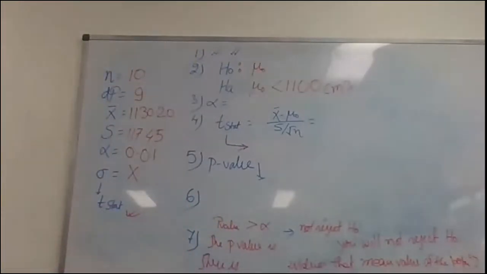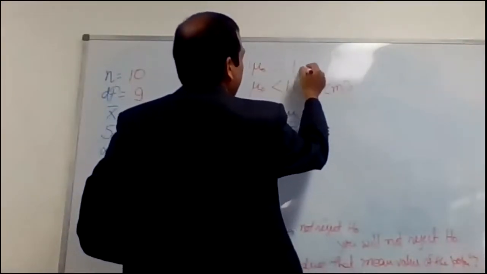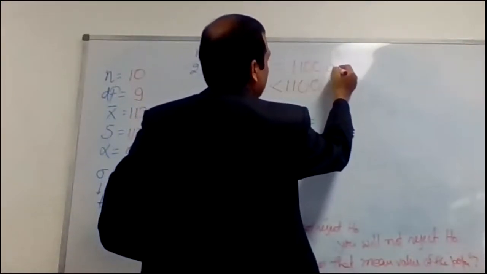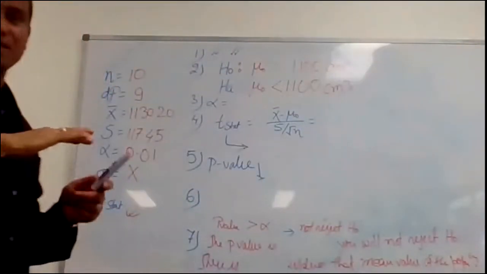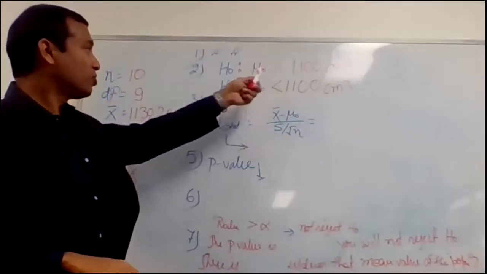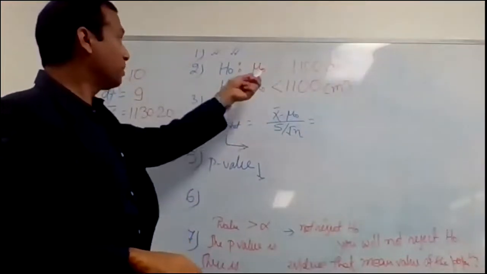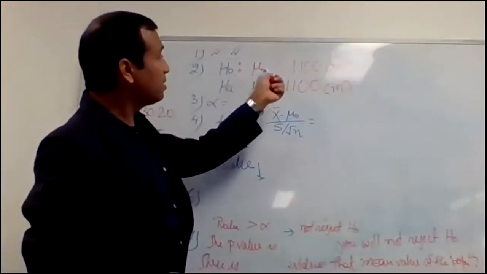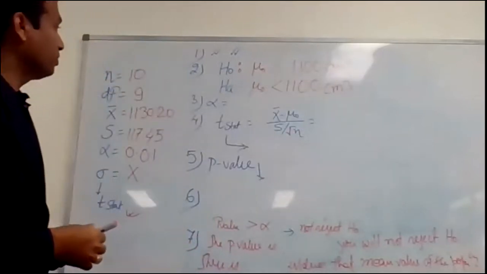Equal to 1100, yes. Null hypothesis is the plain, simple one. The alternative is that it's not 1100, it's less than 1100. So the null hypothesis is that the mean value is equal to 1100 centimeter cube.